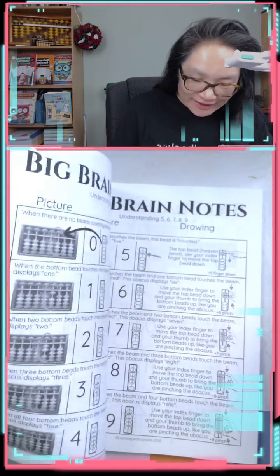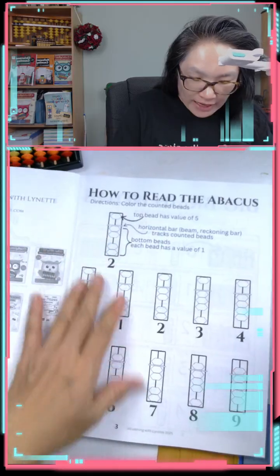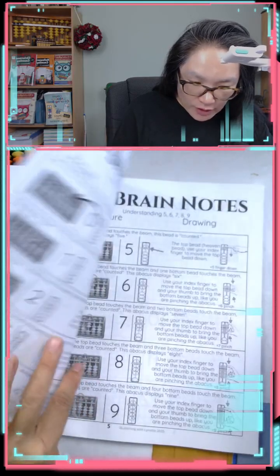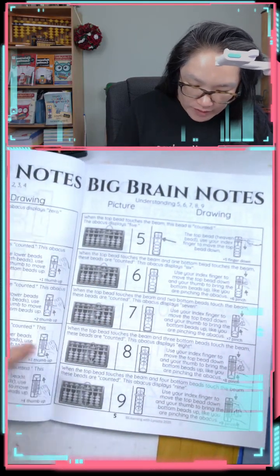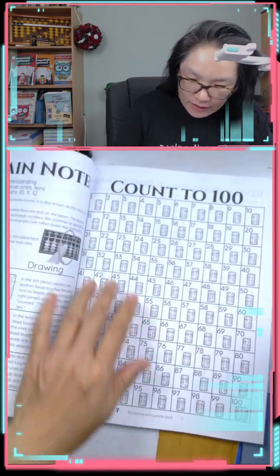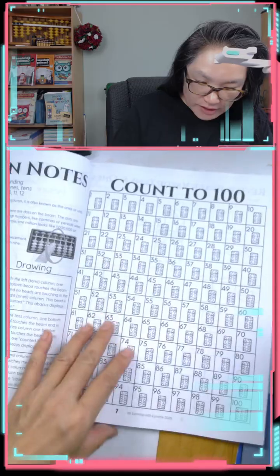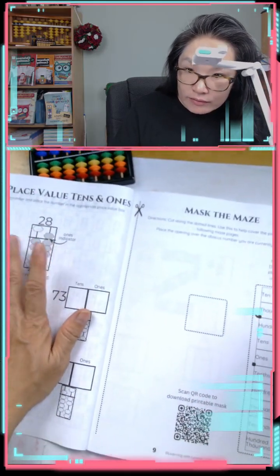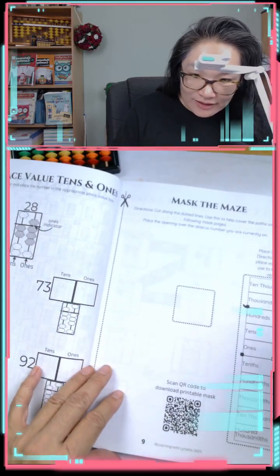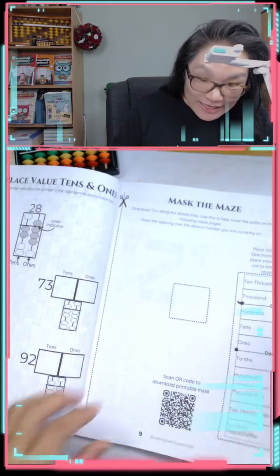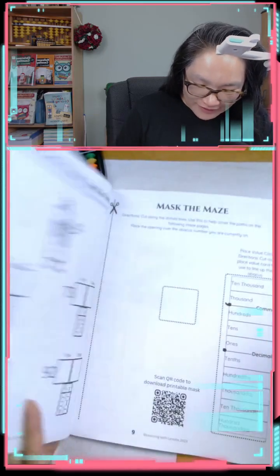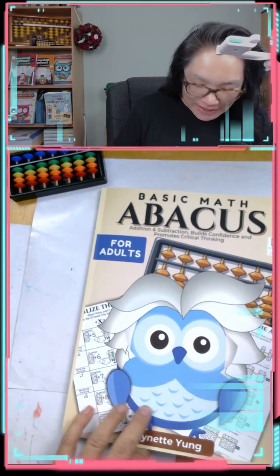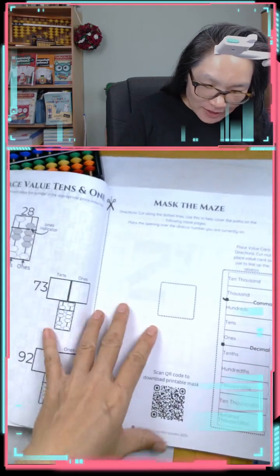Oh, okay, good. So again, what I have here is I teach you how to read the abacus. It goes from 0 to 9, and then we just talk about the beads themselves. We have the understanding of the tens and the ones. I still like the owl with the old hair. It's supposed to be like Einstein, but I didn't want to do a mustache. There's a mask maze.